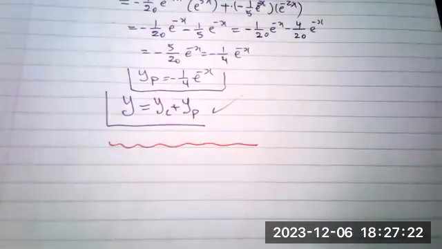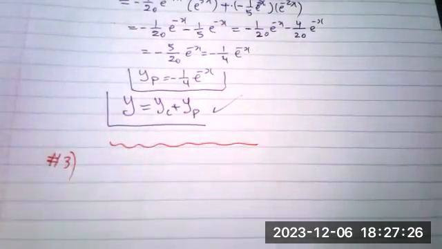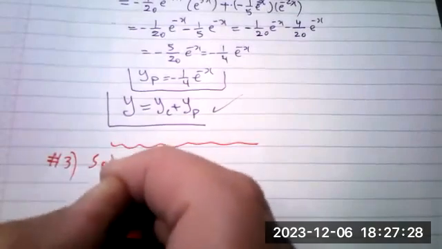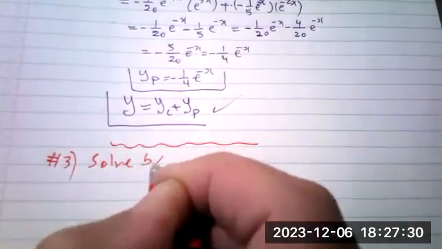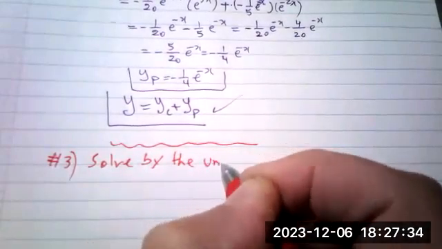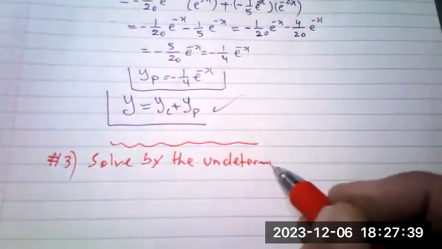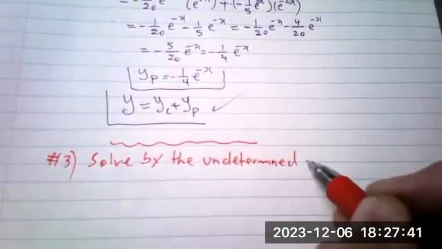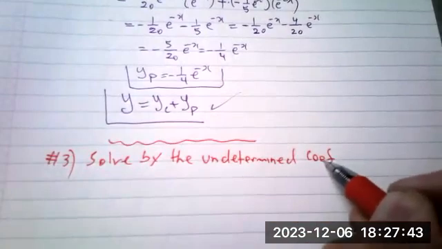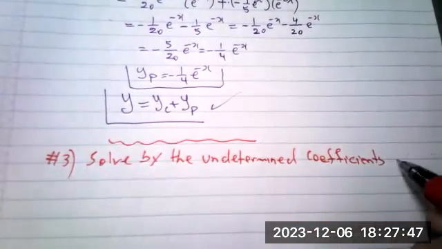So that would be number 3. Okay, number 3, you want to solve the equation by the undetermined coefficients method.